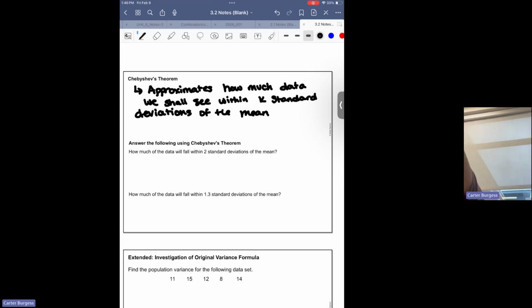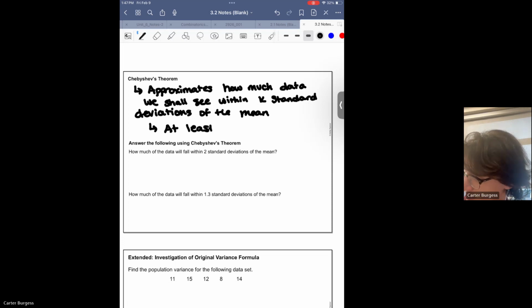Beyond this, I'm gonna give this a little bit more context than just giving the definition here. The actual formula that we're going to use to figure out what percent of our data we are looking at is going to give us the minimum possible value that we would see. So Chebyshev's theorem is that we will have at least 1 minus 1 over k squared.